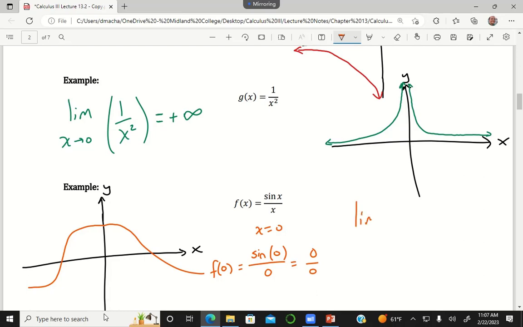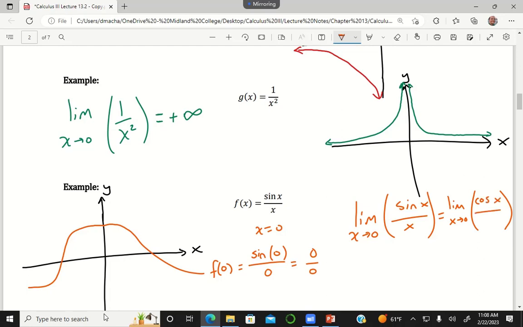But if you take the limit as x approaches 0 of sine of x over x, one thing you can think about is L'Hopital's rule. L'Hopital's rule says that since this is an indeterminate form, 0 divided by 0, you could take the derivative of the numerator and the derivative of the denominator separately and take the same limit. So the derivative of the numerator would be cosine of x.